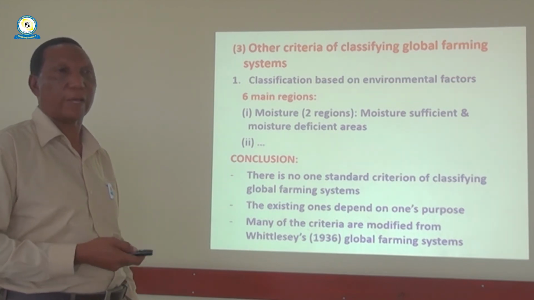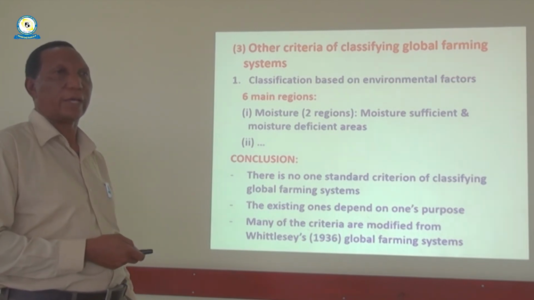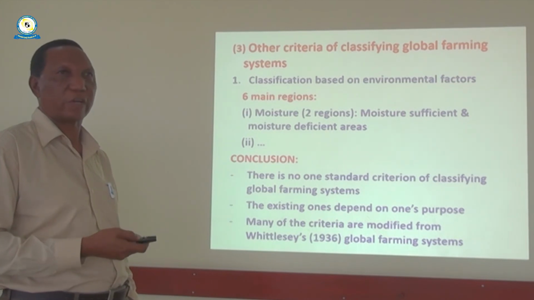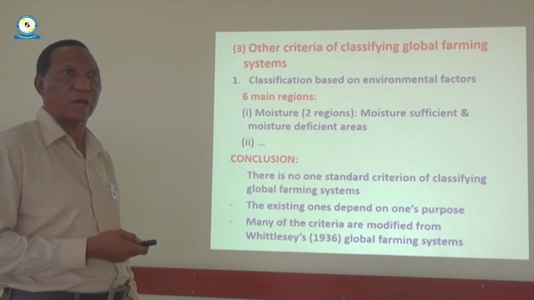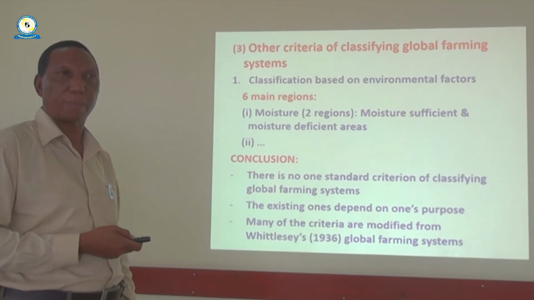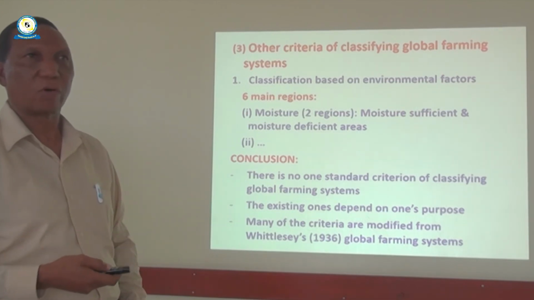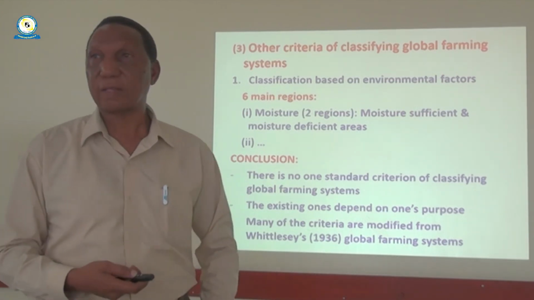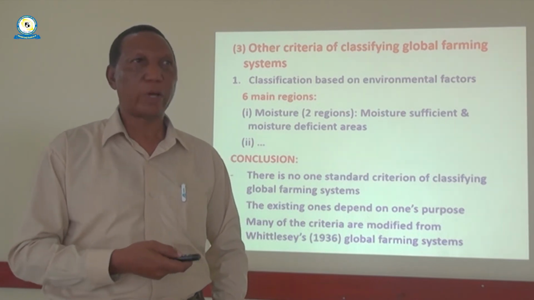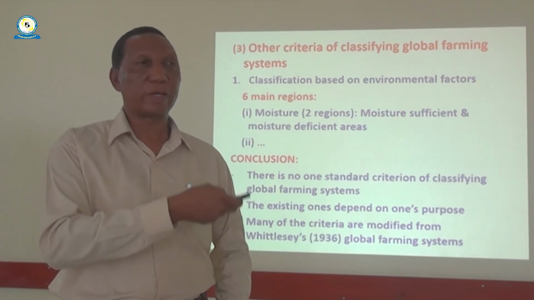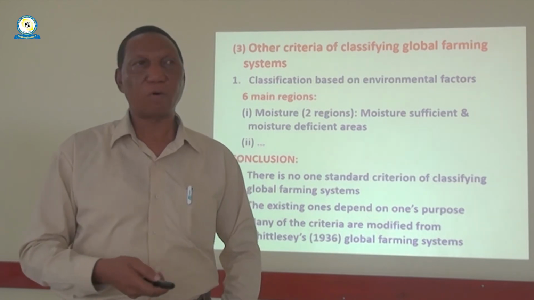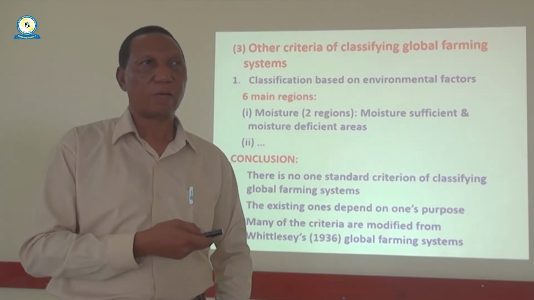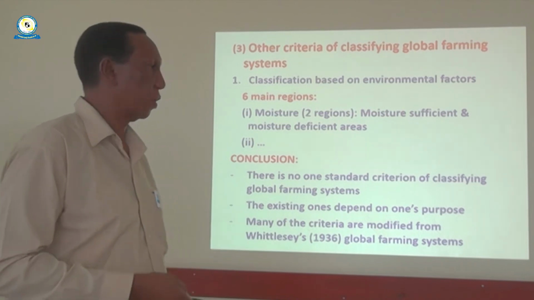For example, now we have climate change, which is challenging agriculture and so on. So even the regions we have now have been tampered with by climate change. So you can undertake another research to find out whether what has been established by Grigg or Whittlesey are the same or they have changed over time due to climate change.